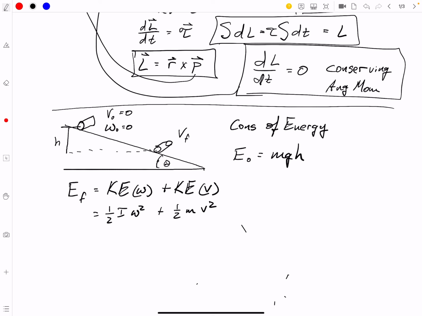And we did all of that work to input what a cylinder I is. We took that from the one table in the book. So it's 1/2 the mass of the cylinder times the radius of the cylinder squared about this axis down the center.